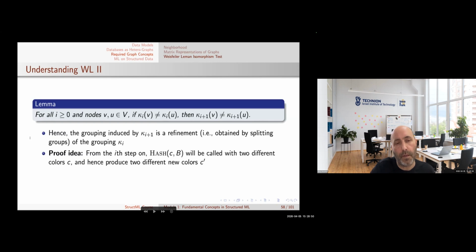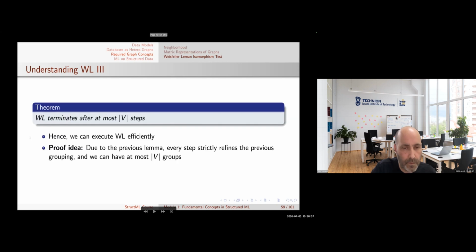Okay, so the algorithm can only break groups apart, and so how many steps can it go? Well, in every step you break a group and create another group, adding one or more new groups. How many groups can you have? Well, you can only have at most V groups.